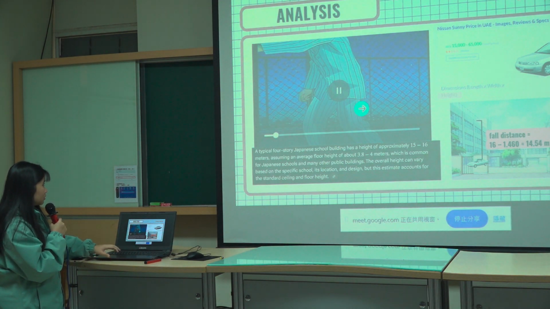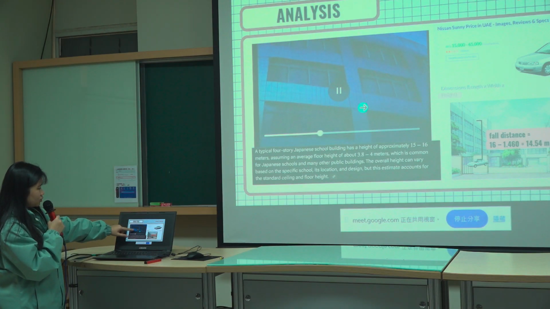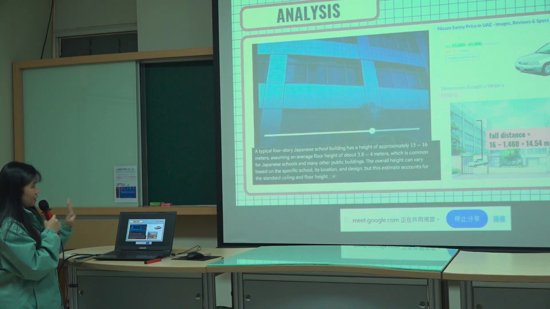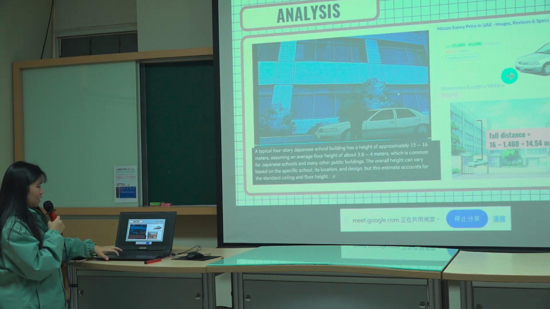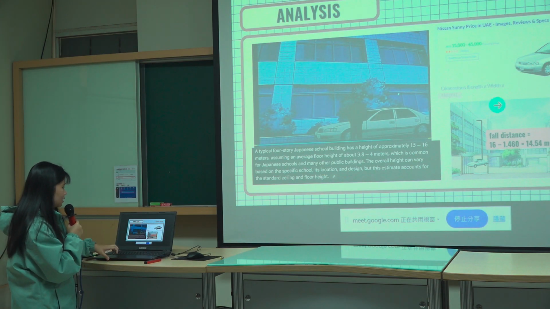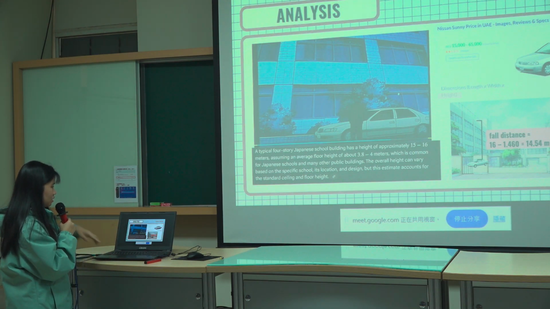So from this scene we can see 1, 2, 3, 4. There are 4 floors until the ground, and the second one is the car, similar. So we can take the height. The fall descent is from the top of the building to the top of the car, approximately 14.54 meters.